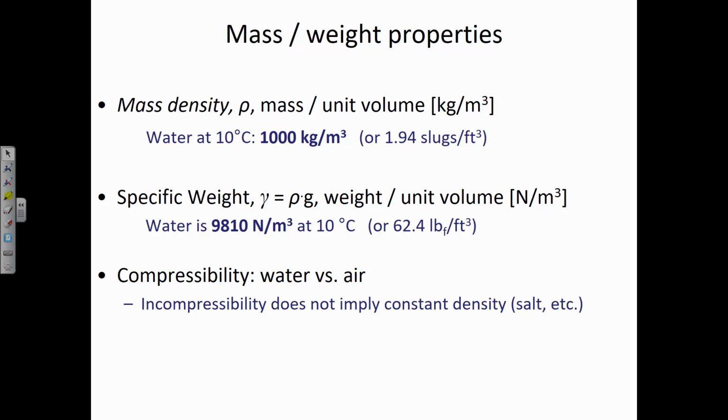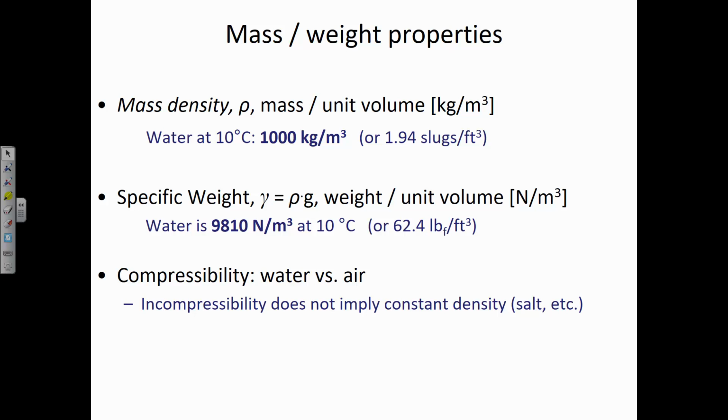But just the fact that we usually say water is incompressible doesn't mean that its density is always the same. Of course, we already talked about how density changes as a function of temperature. But then also, we can dissolve things into water, like salts, and that changes its density by increasing the mass that's in a certain unit of volume.